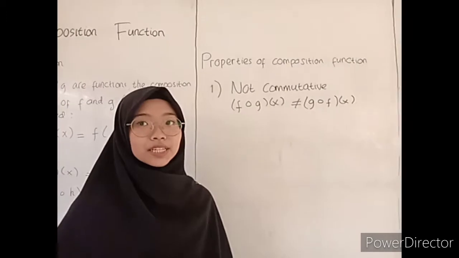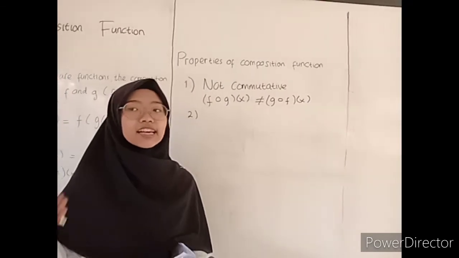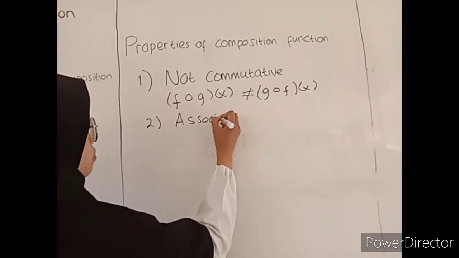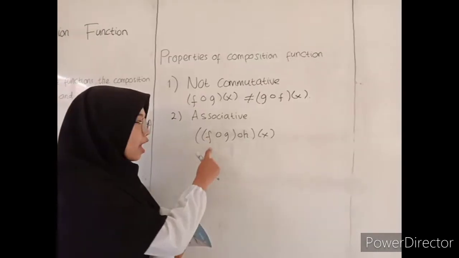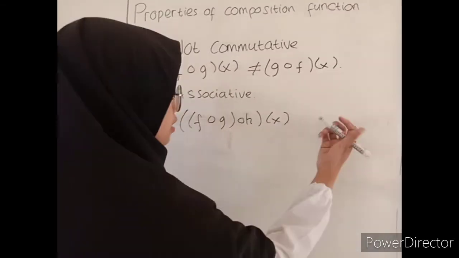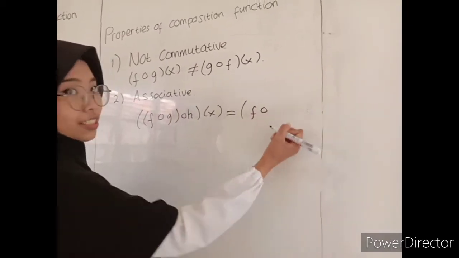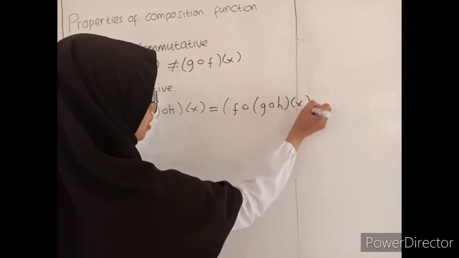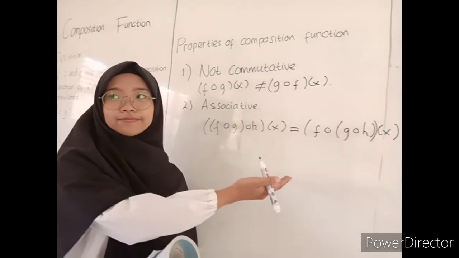And the next property: the composition function is associative. It means that ((f ∘ g) ∘ h)(x) is equal to (f ∘ (g ∘ h))(x), like this.